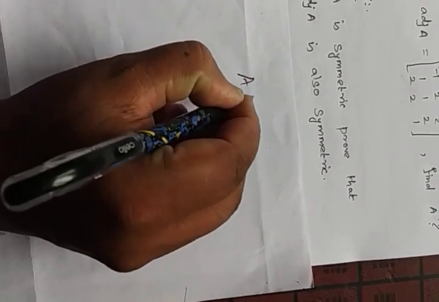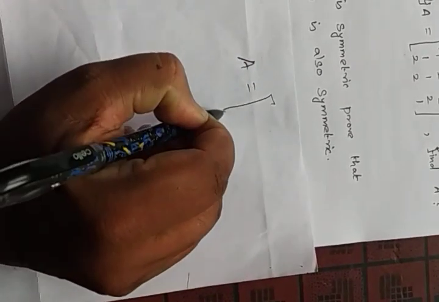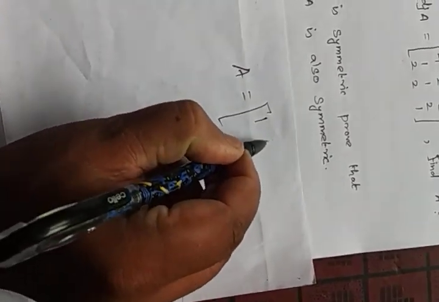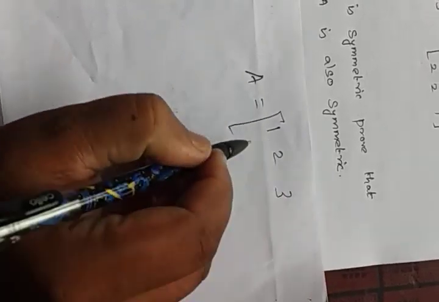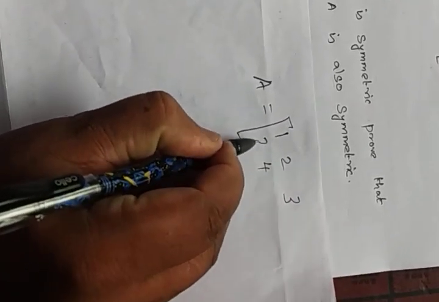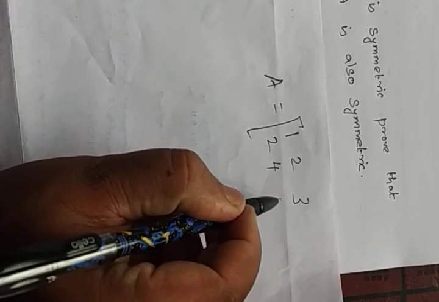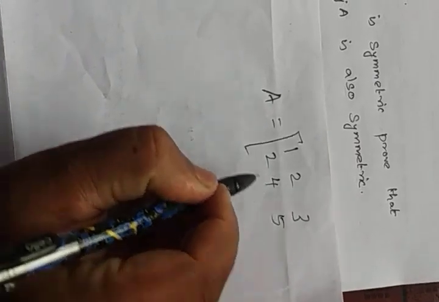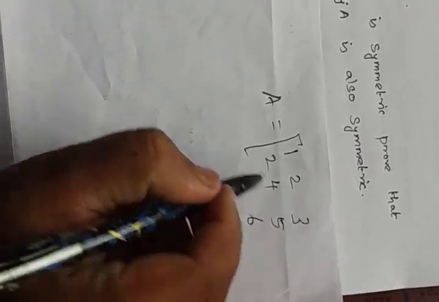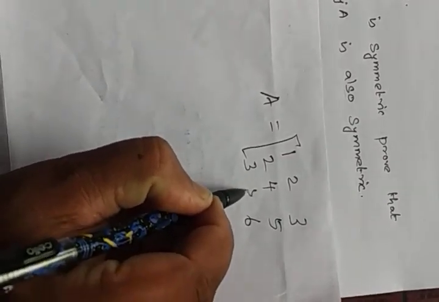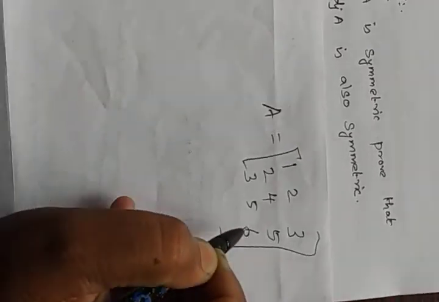I will give one example. For example, A I am writing like this: 1, 2, 3. Here I am writing 4. Here 2, here some 5, here 6. Here will come 3, and here 5. This is the matrix we have.